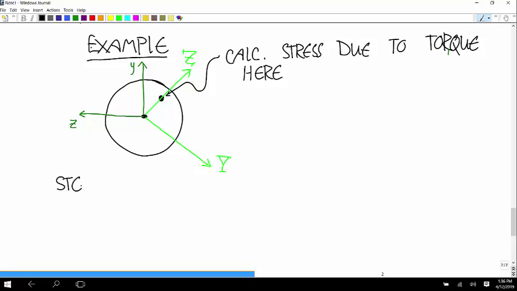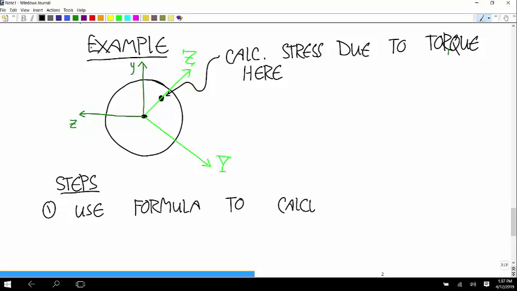So the steps. 1, use the formula to calculate, I'll call it the stress tensor, capital XYZ.